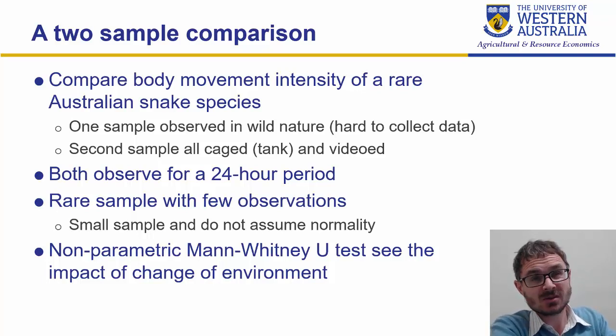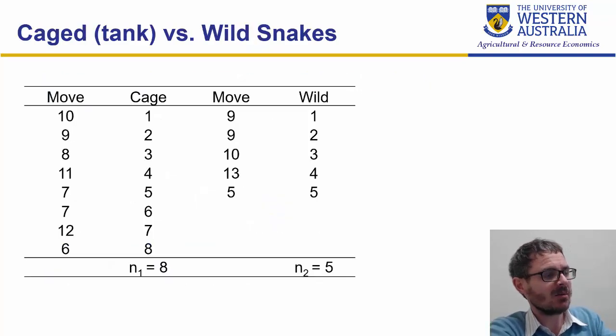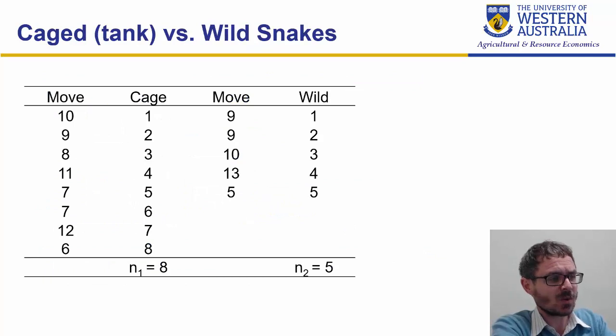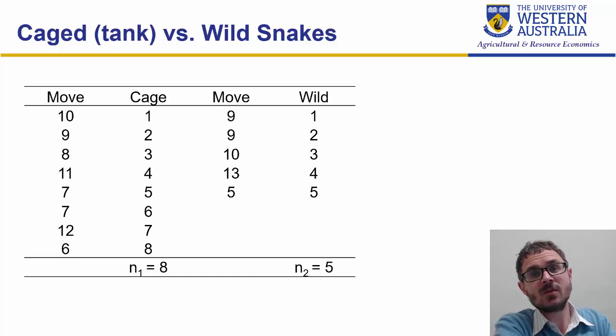Okay, so small samples again; it was very hard to get that wild data. Here are our movement measurements. We have 8 in the cage and 5 observations out in the wild. This is our standardized measure of movement that we've captured.